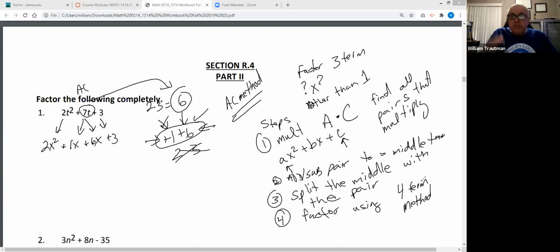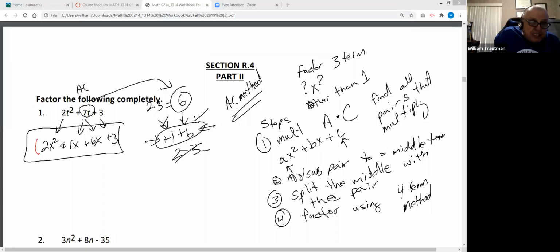So we change it from 3 terms to 4 terms, and we're going to factor using the 4-term method. Here is 4 terms. Step 1 for 4-term method. I'm not going to write it down again. We wrote it down yesterday. Factoring the 4-term method. Put a parentheses around the first 2. Put a parentheses around the second 2 term. Make sure there's a plus sign between it.